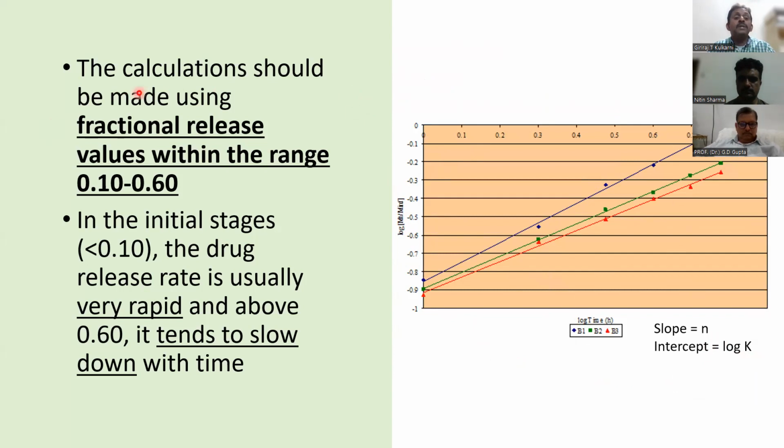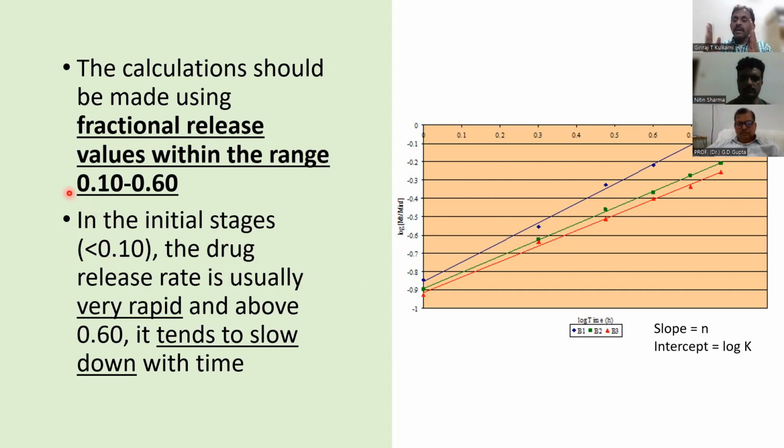One more important point which I want to emphasize for the students: when you are planning to plot the Korsmeyer-Peppas equation, don't use all the readings of percentage release against time. Use only values from 10% to 60%.